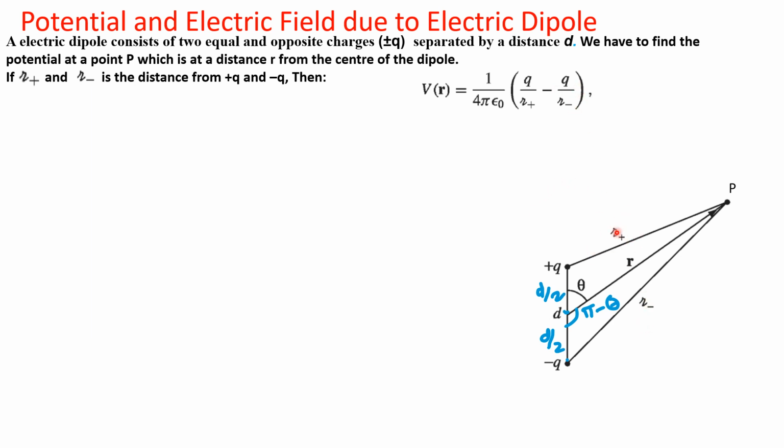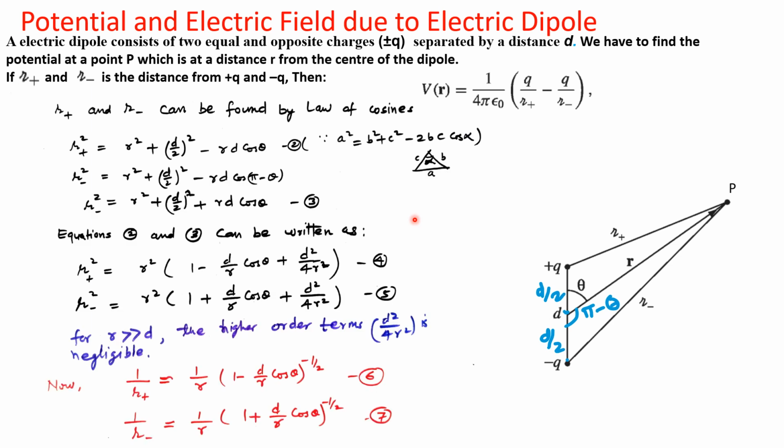But we don't know r plus and r minus. We know only the distance r and the distance d. So we have to write r plus and r minus in terms of d, theta and r, using some trigonometry or the law of cosines.